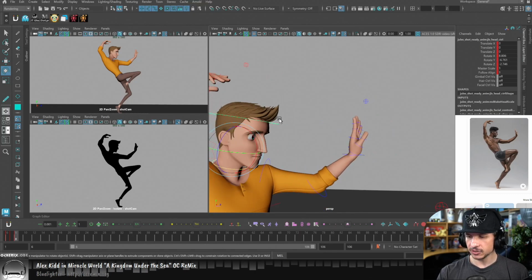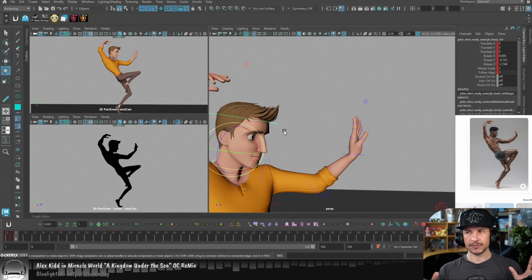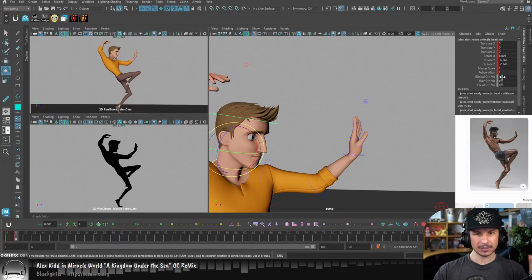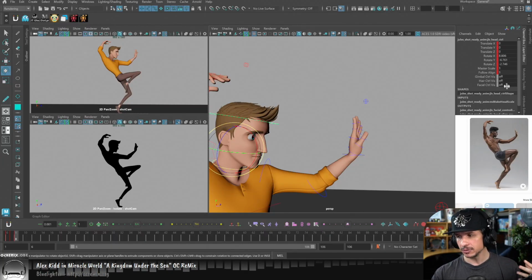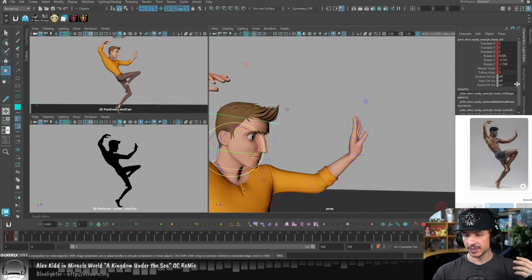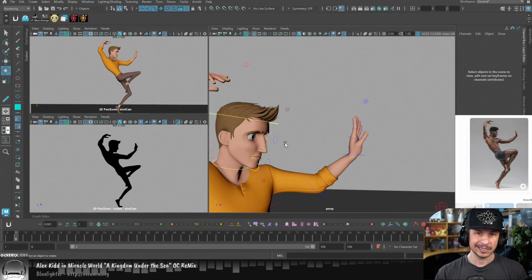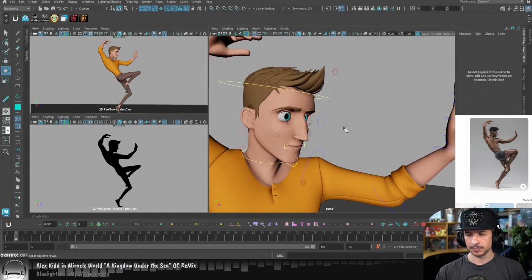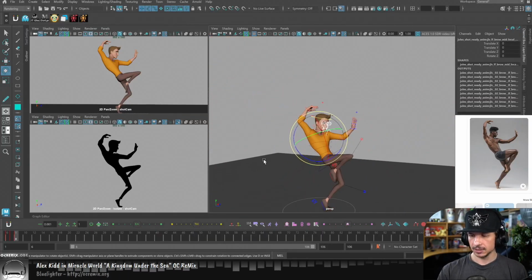Now, this is going to be a bit of a tangent, but something that also helps. It's not going to really help the entire pose, but it helps us visualize the pose. If you're dealing with a character with facial controls, just do a very simple facial pose on the character.